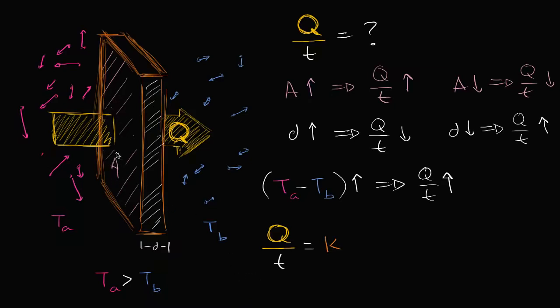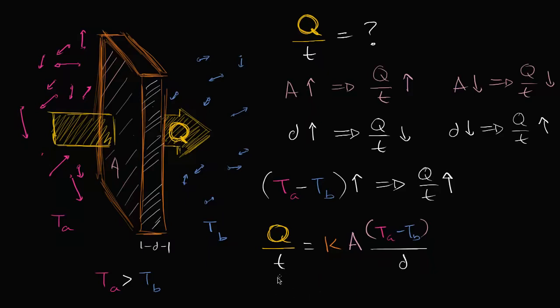The more contact area we have on this wall, the more heat we're going to have transferred per unit time. It's also going to be proportional to the temperature differential, so let's multiply this times the temperature differential, T sub A minus T sub B, and it's inversely proportional to the thickness of the wall, so all of that over the thickness of the wall.